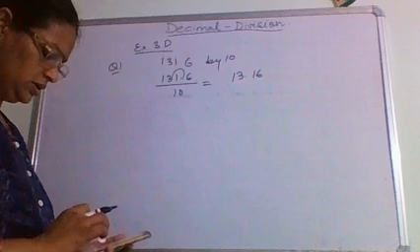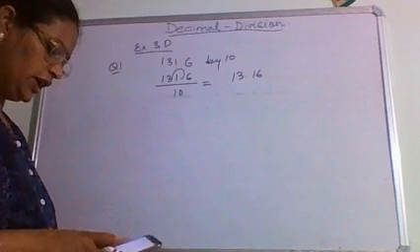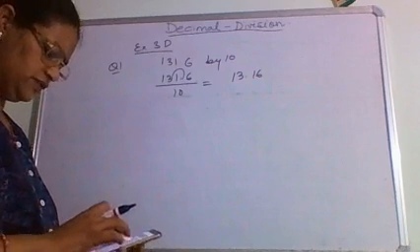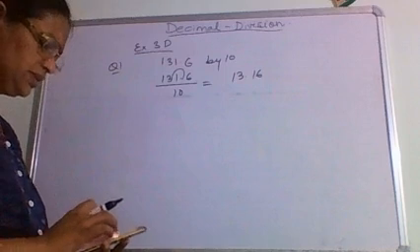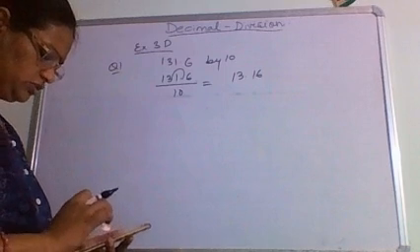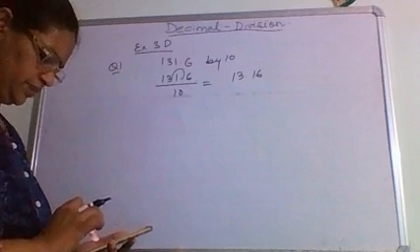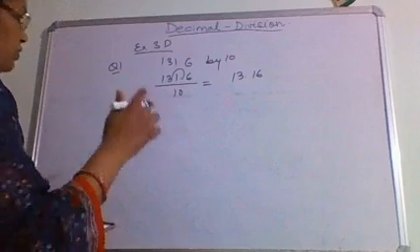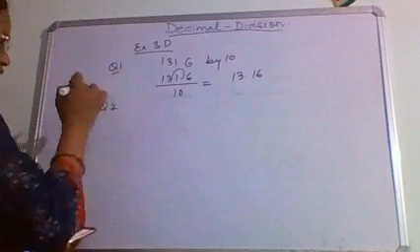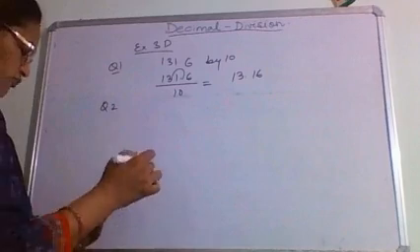Now, what about the division? This is done by you in class 6 also, but still I am going to do it. Come to question number 3. Before question number 3, I can take one example of question number 2 also. Question number 2, fourth part.